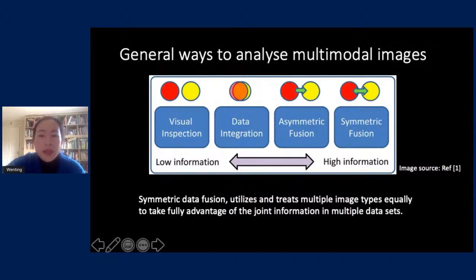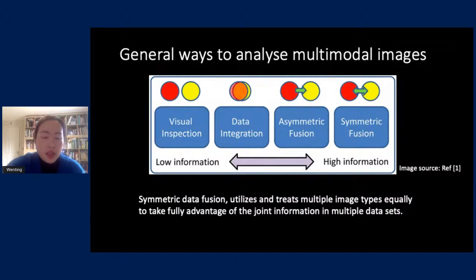Visual inspection is about inferring the multimodal information by separately visualizing the results from each modality. This is the least informative one because you are carrying out everything manually, but it is also extensively used in the medical field.